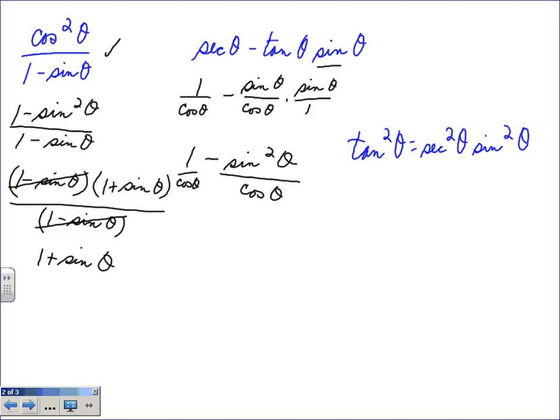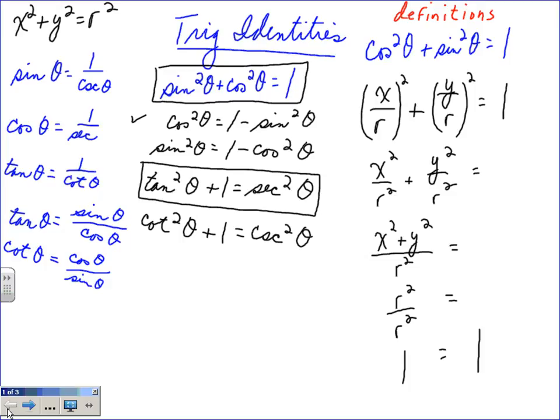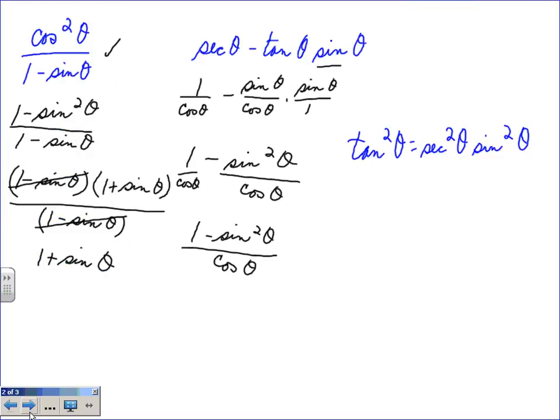I have 2 fractions here, and they do have the same common denominator. So I can write that as 1 minus sine squared theta over cosine theta. And what is 1 minus sine squared theta? Cosine squared theta by our Pythagorean identity right here. So I have cosine squared theta over cosine theta. That can be reduced.